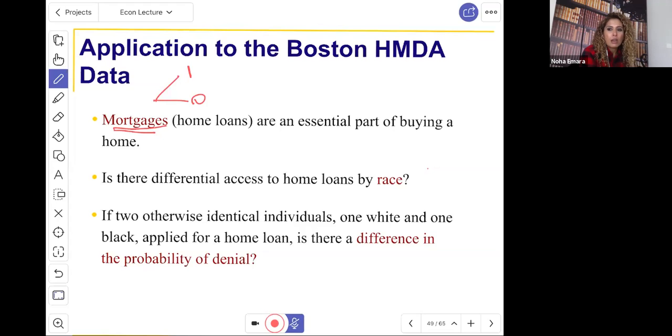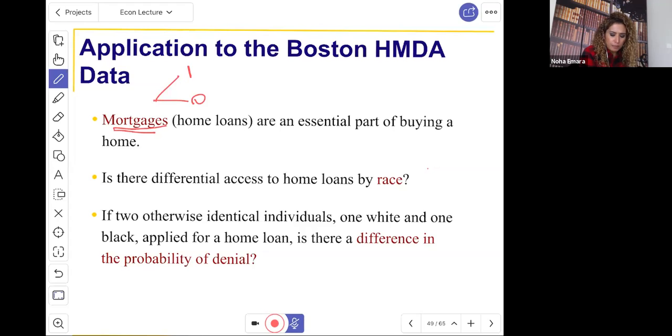You also write information about your payment to income ratio, your education, your race, maybe your religion.